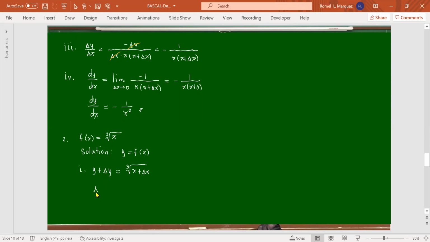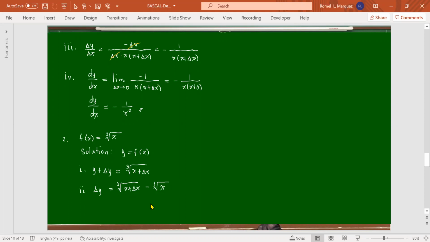Then, second step, you have to solve for delta y. And that is the cube root of x plus delta x minus y. But what is my y? Cube root of x. Okay, guys? Then we need to simplify this, no?